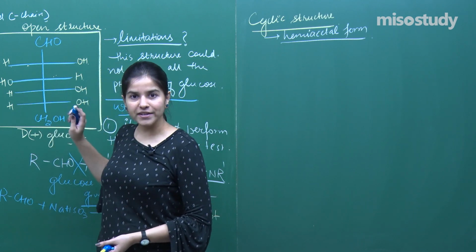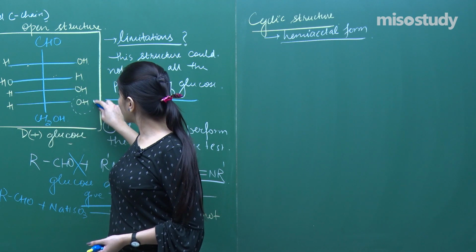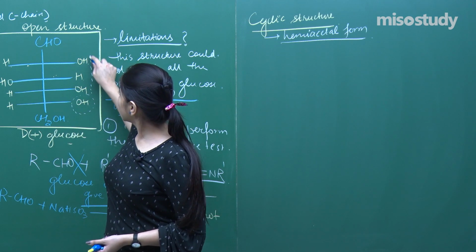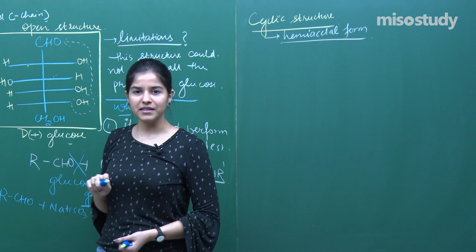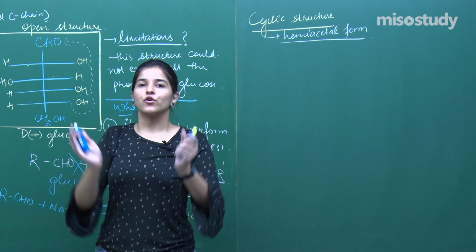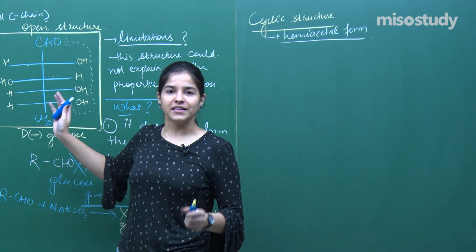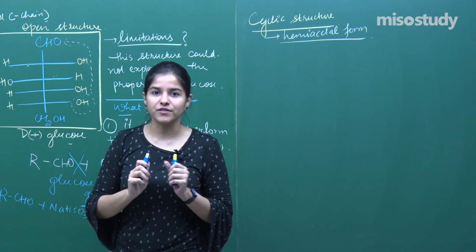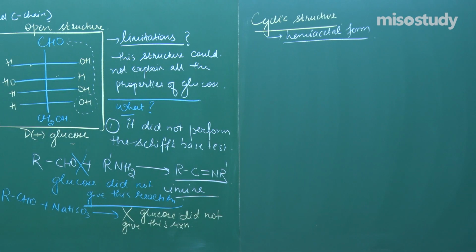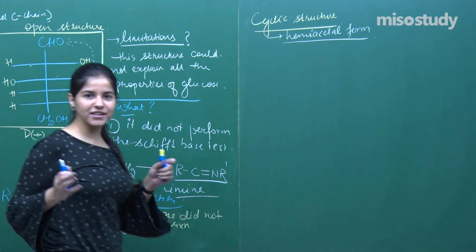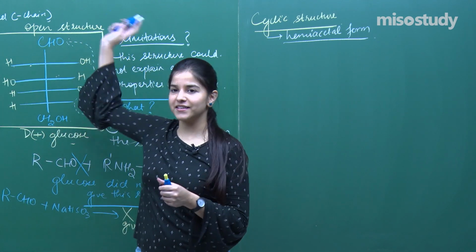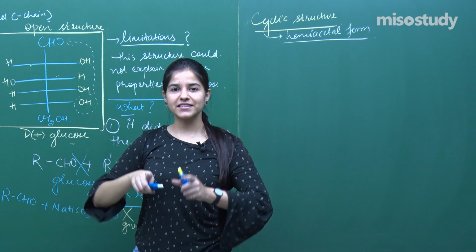Let me just give you a hint over here that this OH basically got somehow attracted towards this CHO group and there was a connection. Just try to make the connection over here, then I will be discussing the exact structure of it. So, have you found out the connection between this OH group and the CHO? How can they get connected?